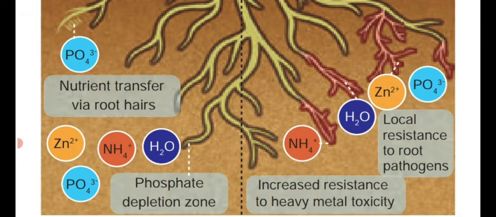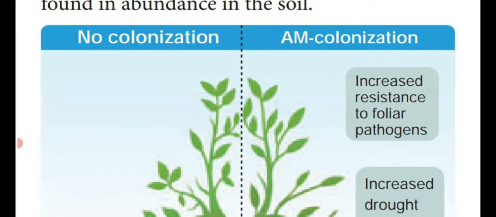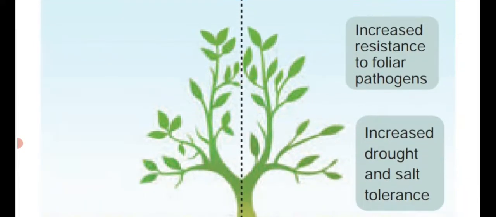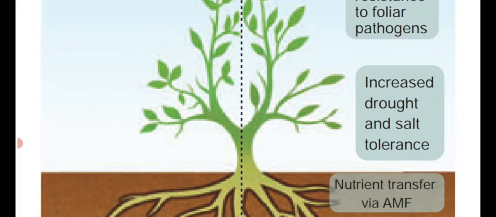So the plants showing arbuscular mycorrhizae colonization are resistant to foliar pathogens. Foliar pathogen means disease causing germs that enter through the leaves. That should be resisted by the arbuscular mycorrhizae. Then they increase the tolerance capacity against drought, and also high salt content.